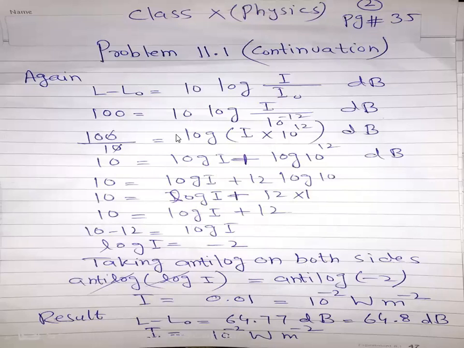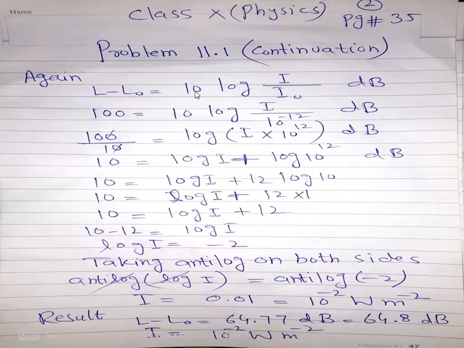Now this is the second part of the same numerical 11.1. As we found L minus L naught, the intensity level of sound, as 64.8 dB, I'm using the second part, in which he asked what is the intensity of the sound for 100 dB.